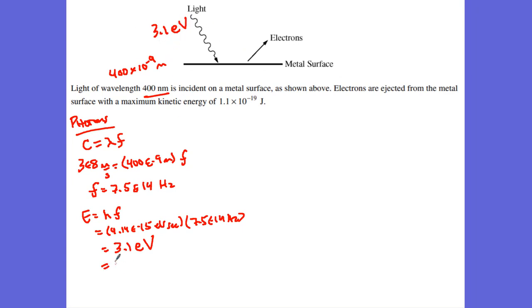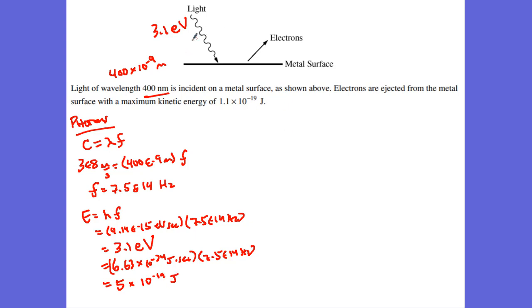Now let's say I use the 6.63 times 10 to the negative 34th joule seconds, and I multiply that by 7.5 times 10 to the 14th hertz. Well, that's going to give me the same energy, but the energy is going to be in joules. So I end up getting 5 times 10 to the negative 19th joules.